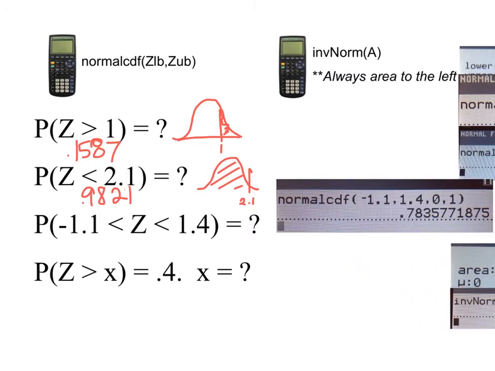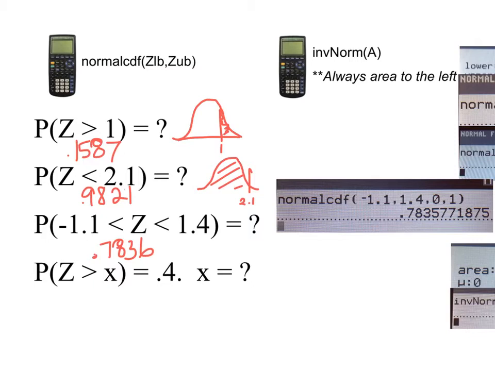It's right here. Okay, you see normal CDF. So I've got lower bound, upper bound, and again, on the color 84, you have to put the mean and deviation in, but in the old one, you would not. 0.7836.